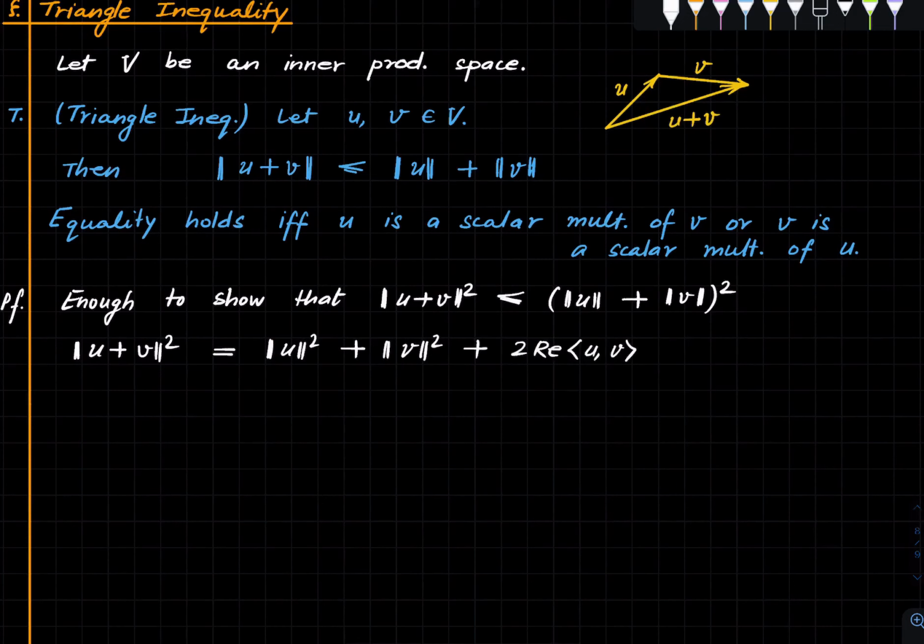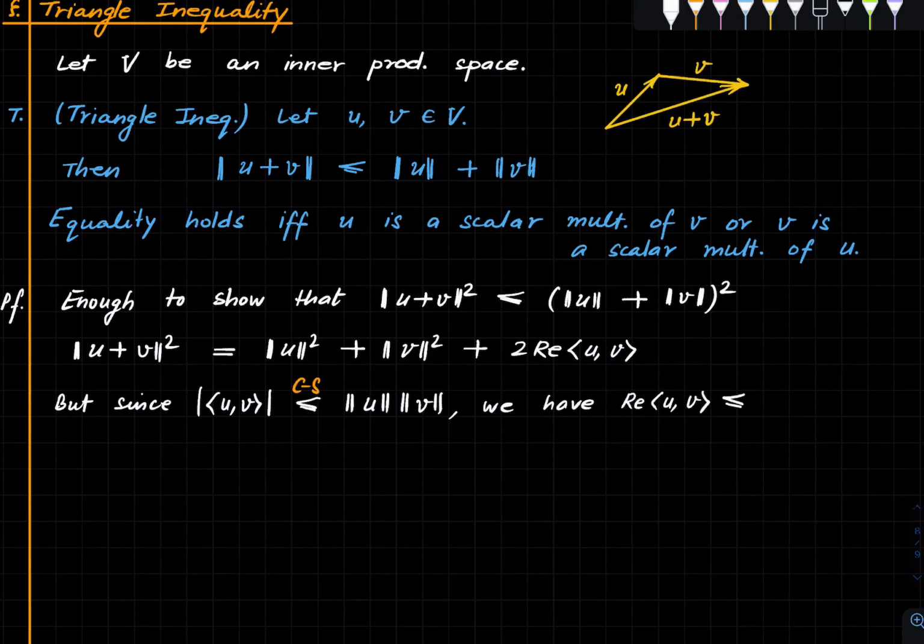But since this is the case, why is that the case? This is the Cauchy-Schwarz inequality that we saw in the previous section. We have the real part of u dot v is also less than or equal to this.